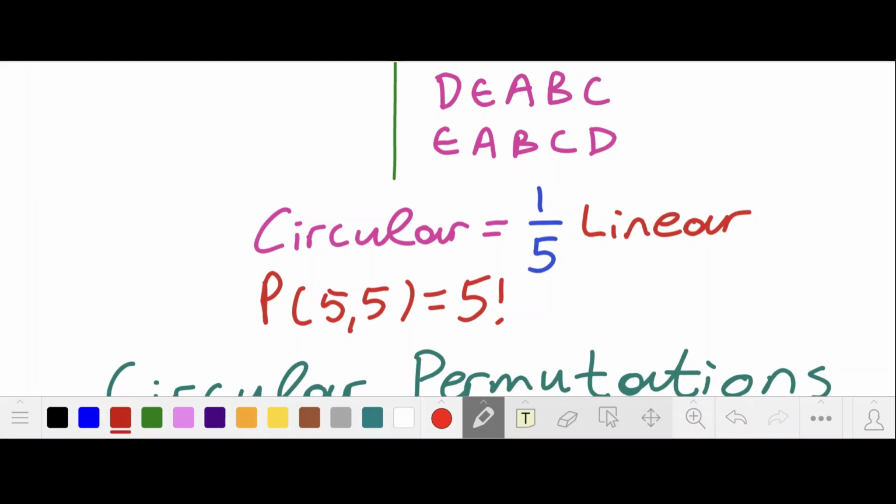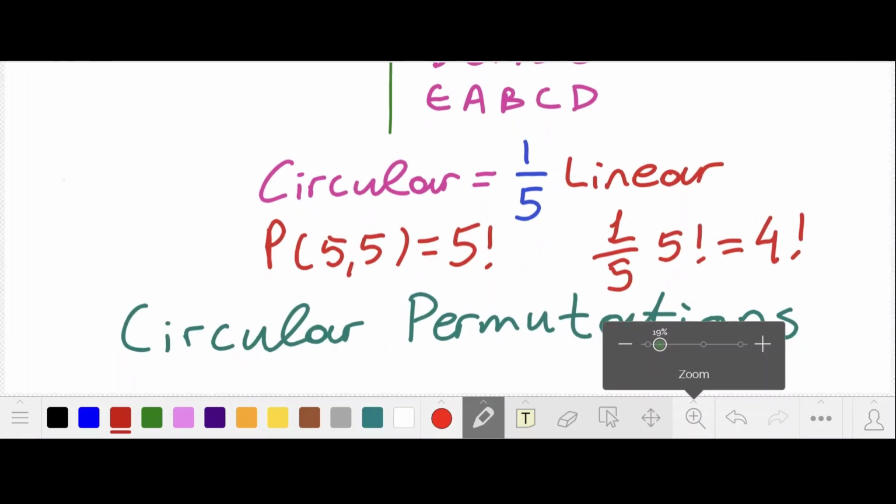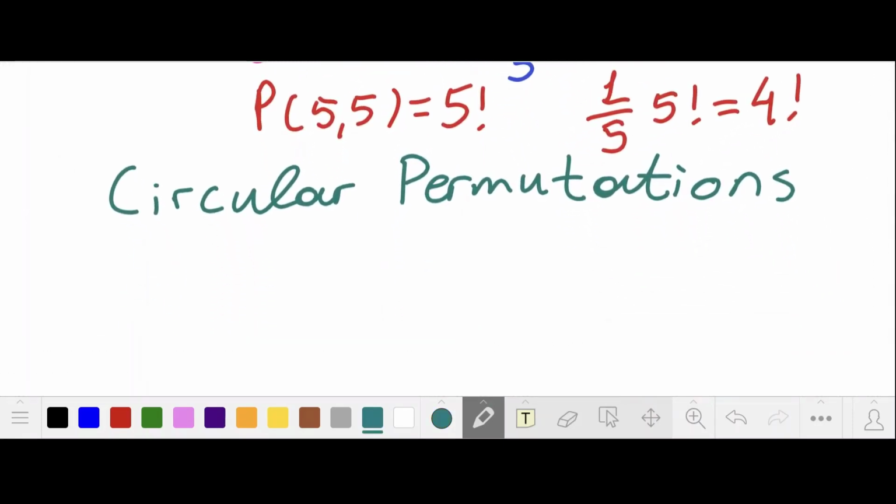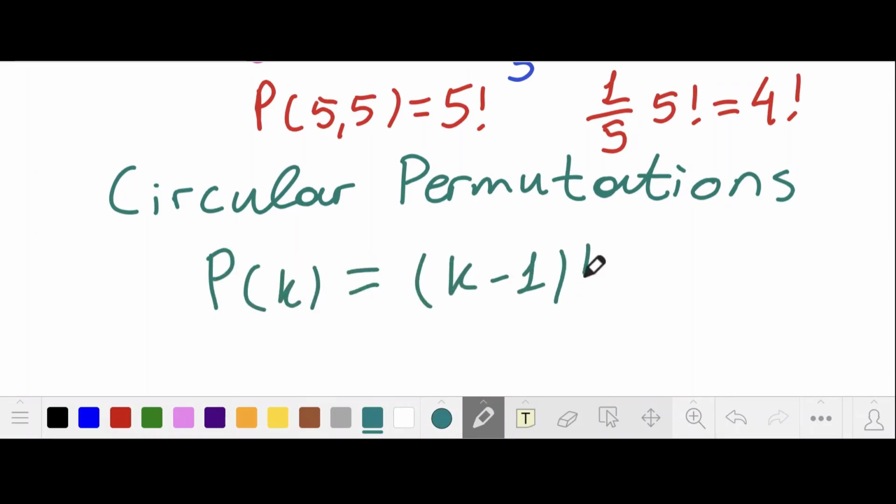So the final answer to our problem is 1/5 of 5 factorial, and that is equal to 4 factorial number of plasmids. We can now construct the general formula of circular permutations of k objects, and that is equal to k minus 1 factorial.